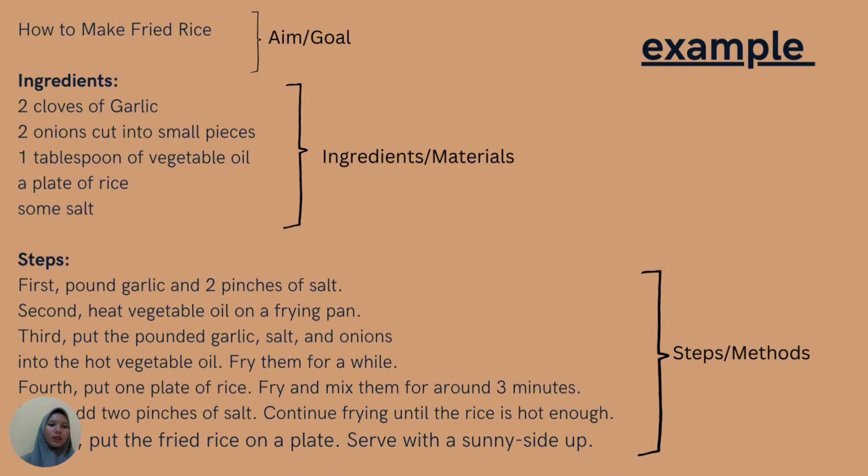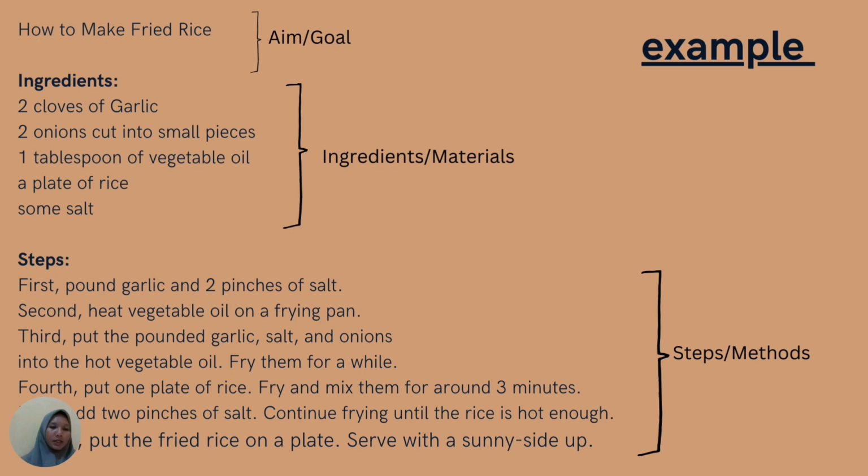For example, as you see, how to make fried rice. The ingredients: 2 cloves of garlic, 2 onions cut into small pieces, a tablespoon of vegetable oil, a plate of rice, and some salt.